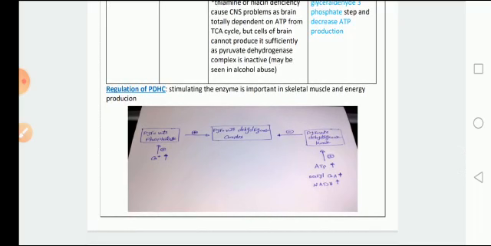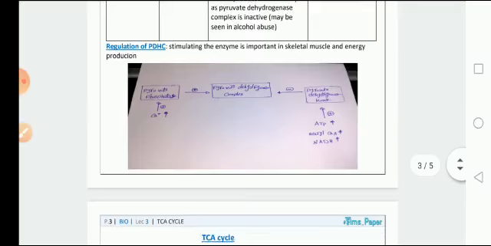While the presence of ATP, acetyl-CoA, and NADH means that our cell does have enough energy. So we need to stop the link reaction in order not to enter the TCA cycle, because we no longer need any energy.